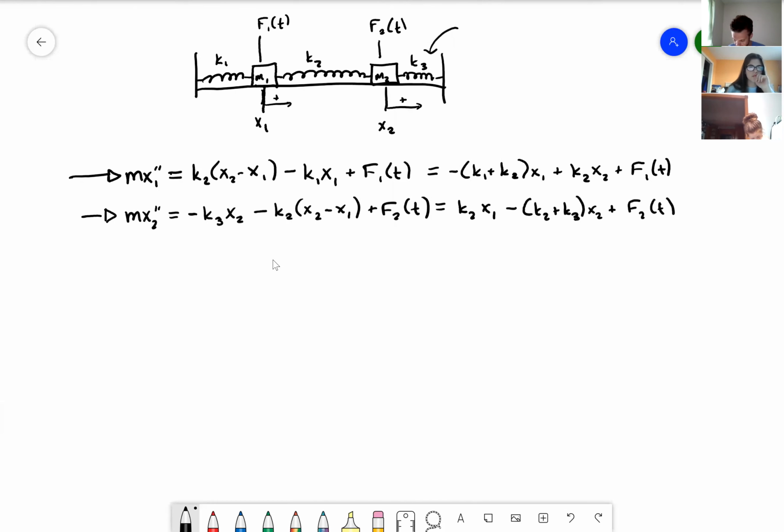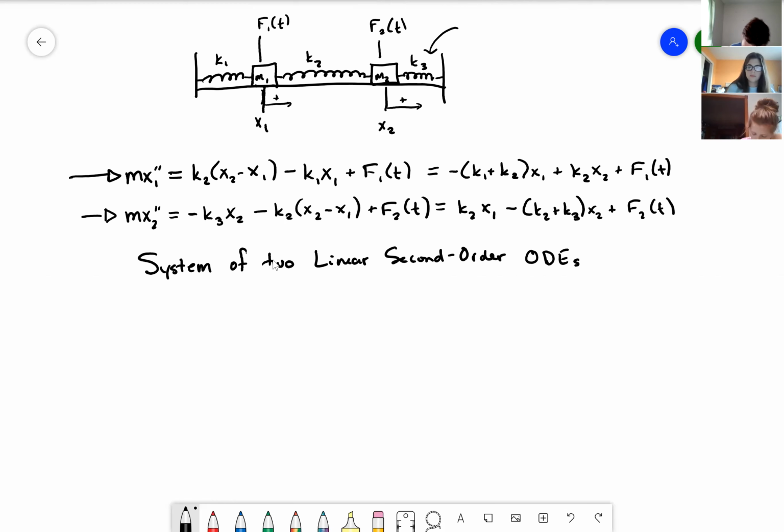So these are two linear equations. And so these are, we'll call this a system. This is an example of a system of two linear second order ODEs.